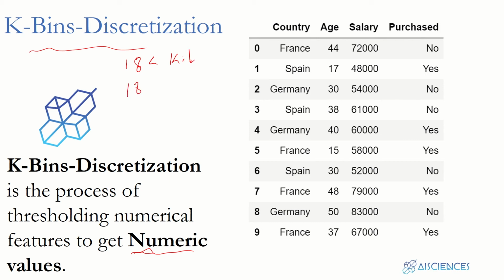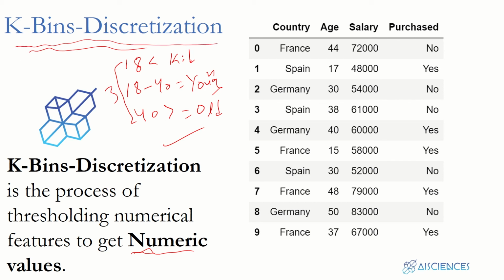Anyone who is from 18 to 40 will be young, and anyone who is greater than 40 will be old. Let's say you want to implement this. Now your features are not going to be binary because you have more than 2 features, right? You have 3 features here. So here you have to implement K-Bin-Discretization. You cannot use feature binarization over here.